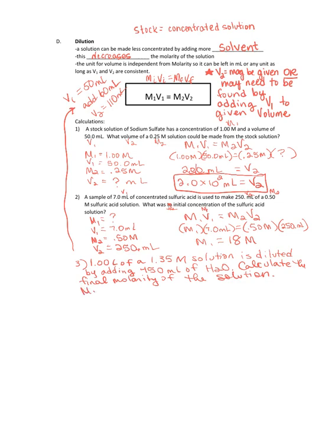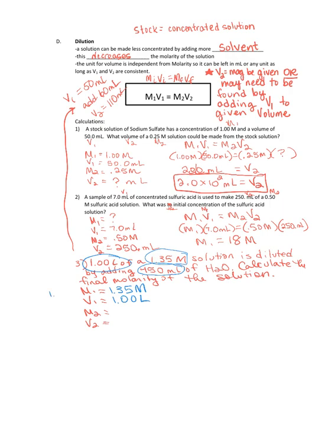So we have M1, V1, M2, V2. Let me switch colors then. M1 is the 1.35 molar. V1 is the 1.00 liters. But we're adding 450 milliliters.